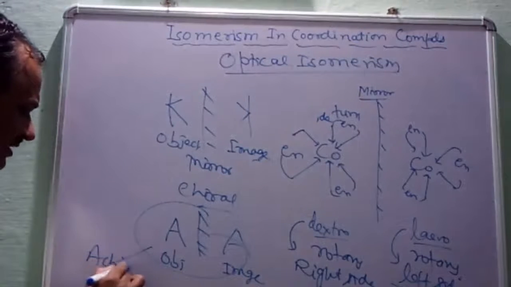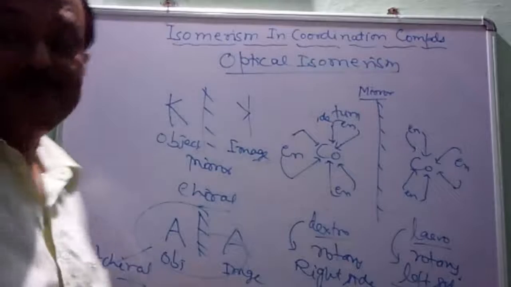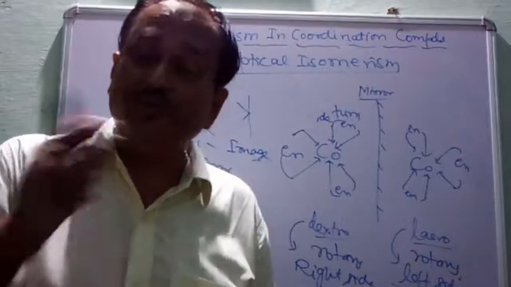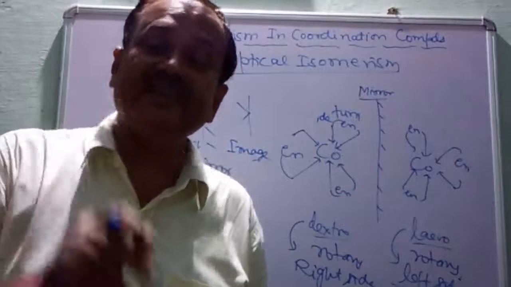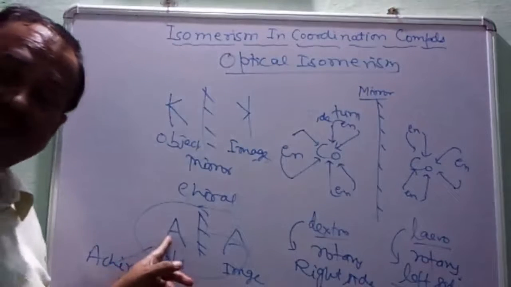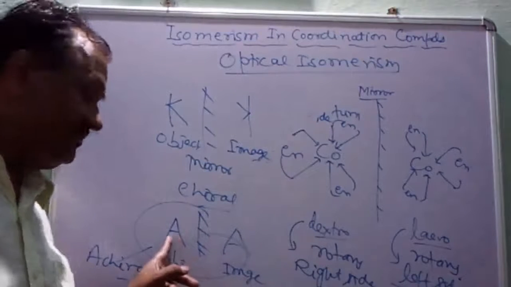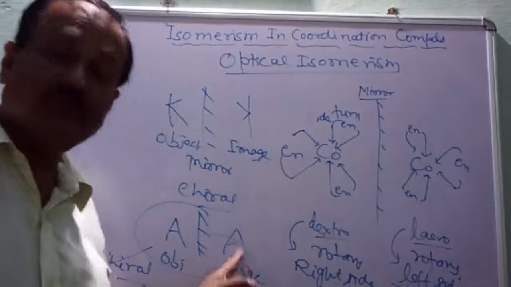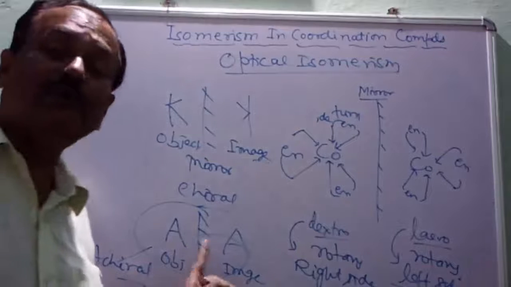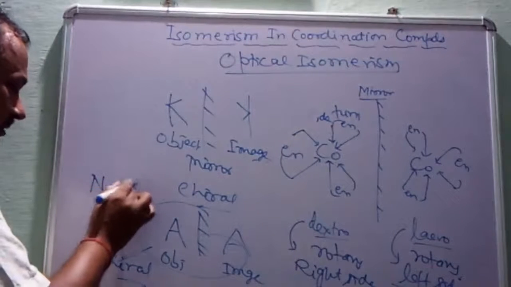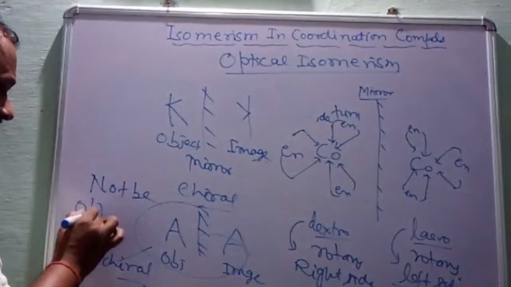It means achiral is a condition when the object can be superimposed on its mirror image. So this is the object and this is the image. The object can be superimposed, so this will not be optically active.